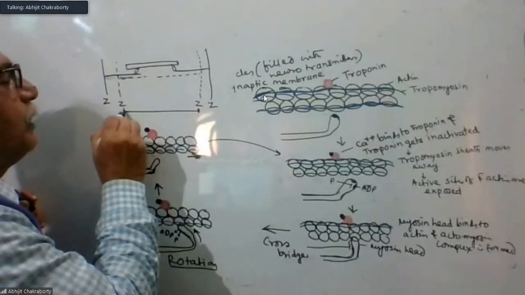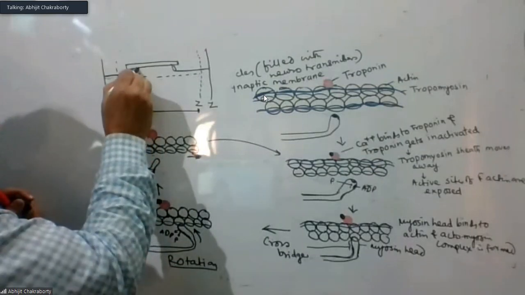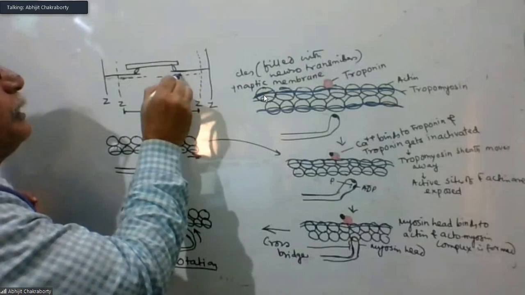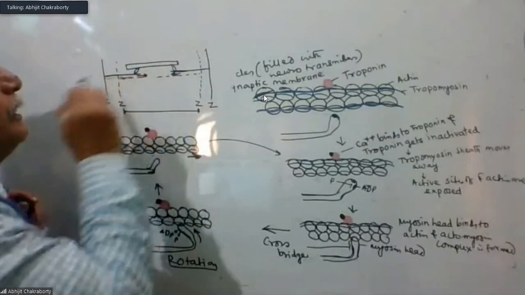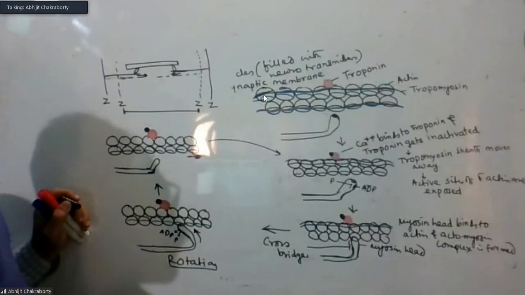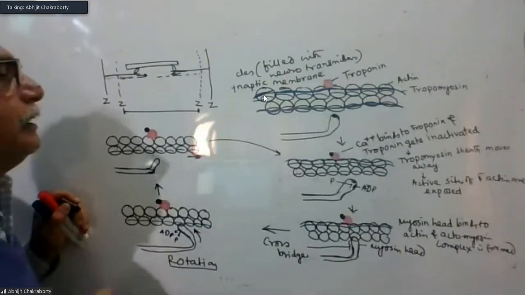The length of sarcomere decreases as whenever the myosin head is pulling the actin, actin is proceeding towards the center. When myosin is pulling the actin, actin is gradually proceeding towards the center.